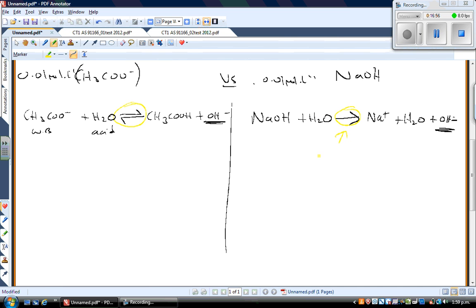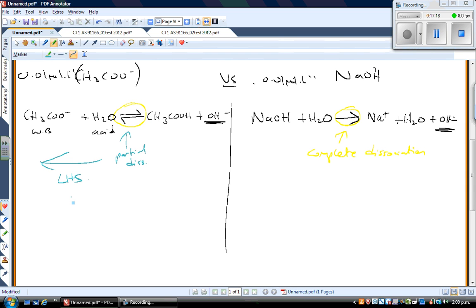Because this arrow shows complete dissociation, which is what happens with a strong base, whereas this arrow here for a weak base shows partial dissociation.